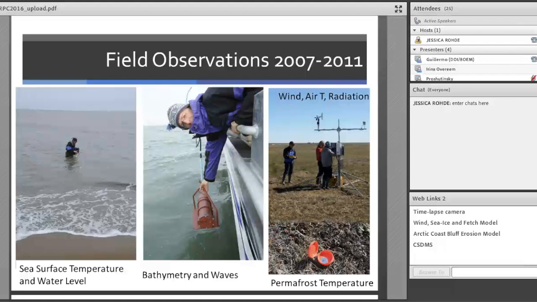We went into the field to collect a basic data set over 3 field seasons and patch together data from the ocean domain as well as from the land on the permafrost temperatures and ice contents. We worked with the Naval Postgraduate School, Tim Stanton, to collect wave data and spectra.